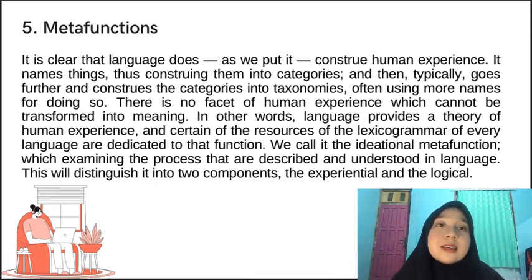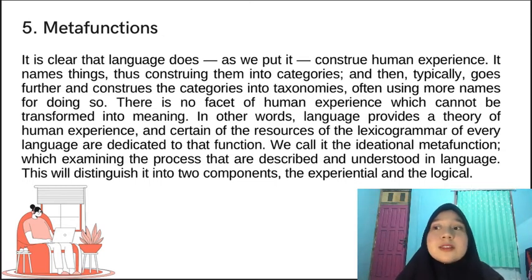So it is clear that language does, as we put it, construe human experience. It names things, thus construing them into categories like place or people, etc. And then it typically goes further and construes the categories into taxonomies, often using more names for doing so. So there is no facet of human experience which cannot be transformed into meaning.